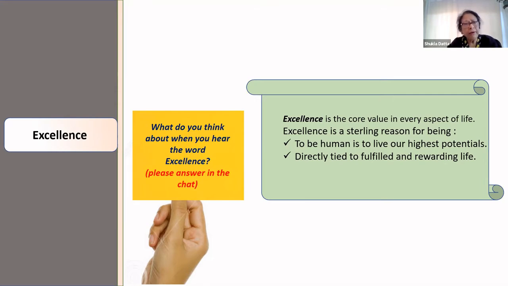Just imagine, you want to excel in anything you do, from kitchen work to presenting a project, or doing a performance, whatever you do. If you have the attitude of excellence, then what will happen? At each step of the process, you will find that you are feeling a fulfilled and rewarding sensation.